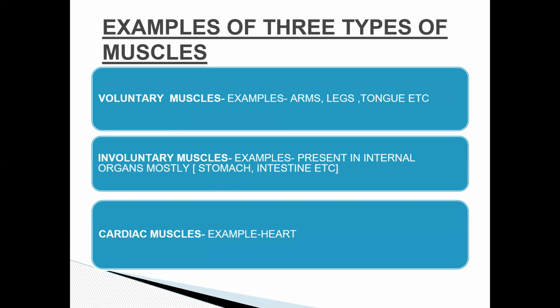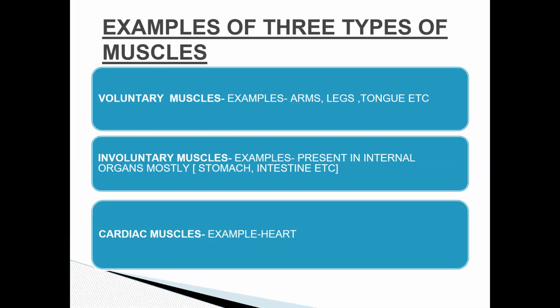Voluntary muscles: the movement of these muscles is in our control. They are the muscles present in the arms, legs, neck, tongue, etc. Involuntary muscles: the movement of these muscles is not in our control. They are present mostly in the internal organs.